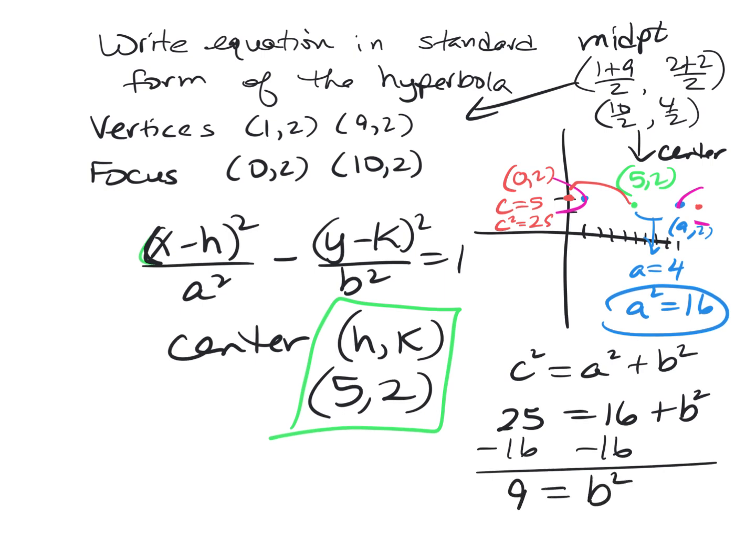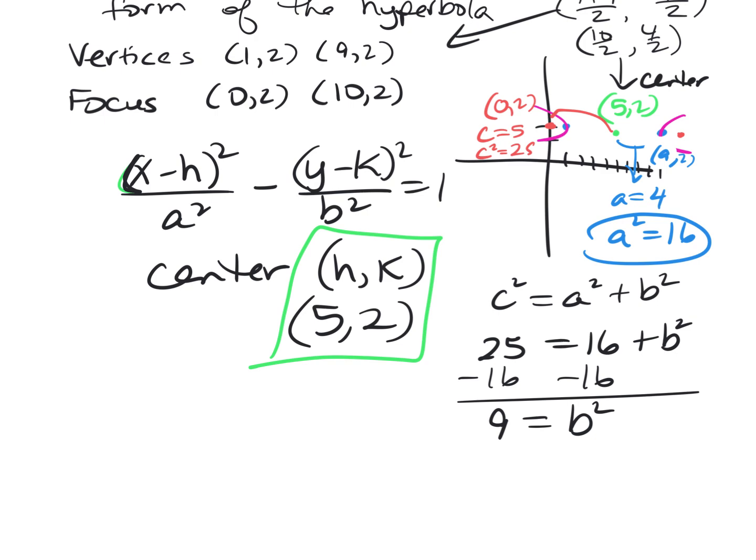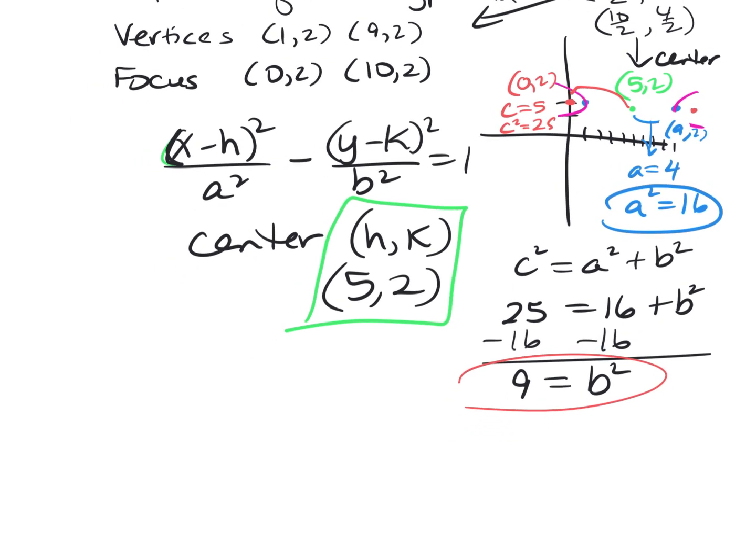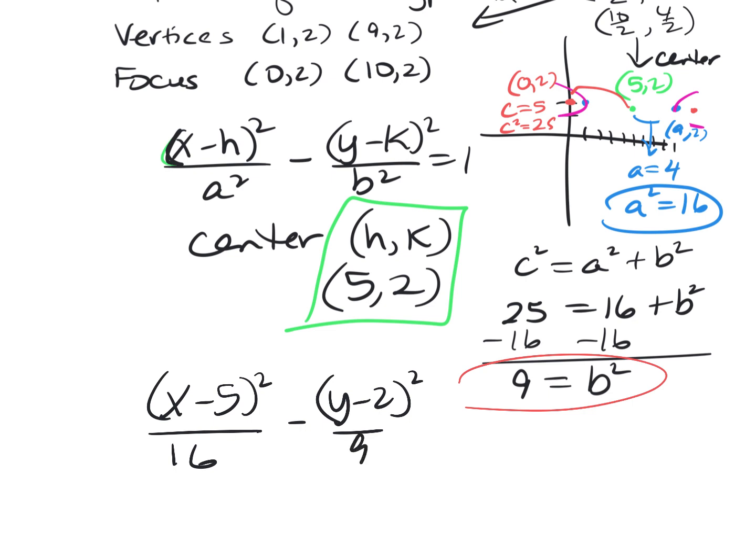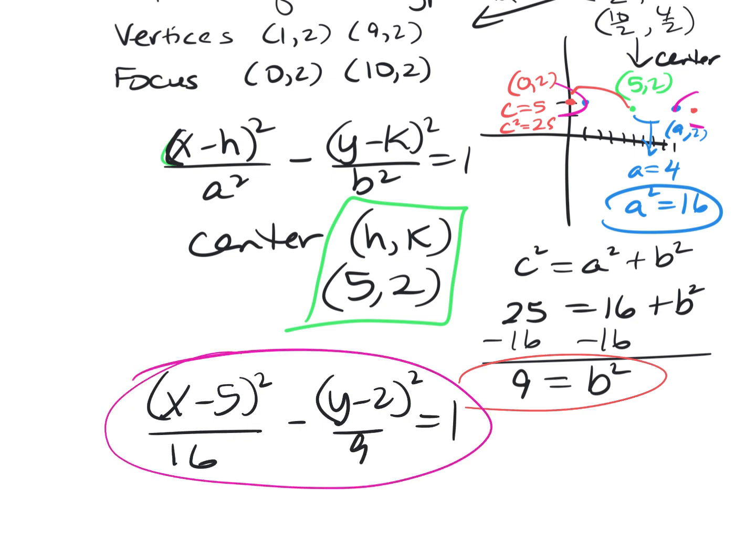And b squared equals 9. So now I have everything I need to fill into my equation. My final answer here is (x minus 5) squared over 16, the a squared on the bottom, minus (y minus 2) squared over 9 equals 1. And that is your standard form when the center is not at the origin.